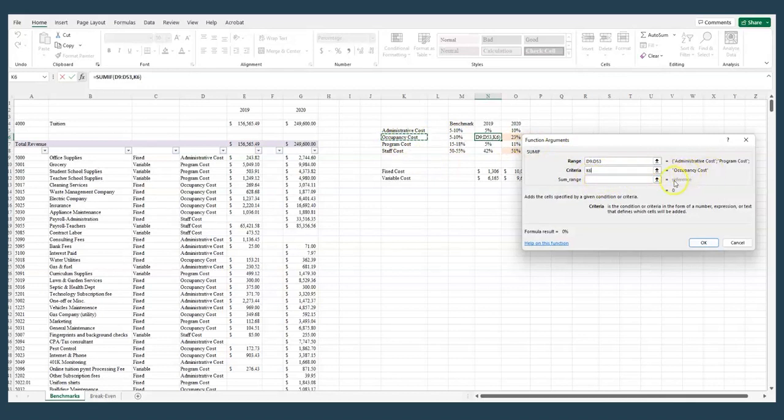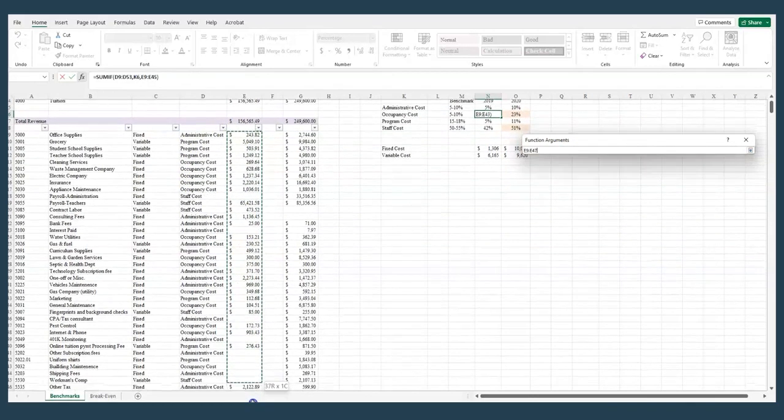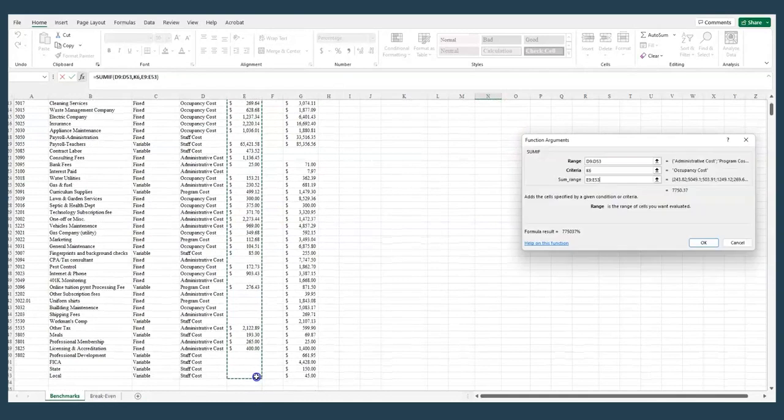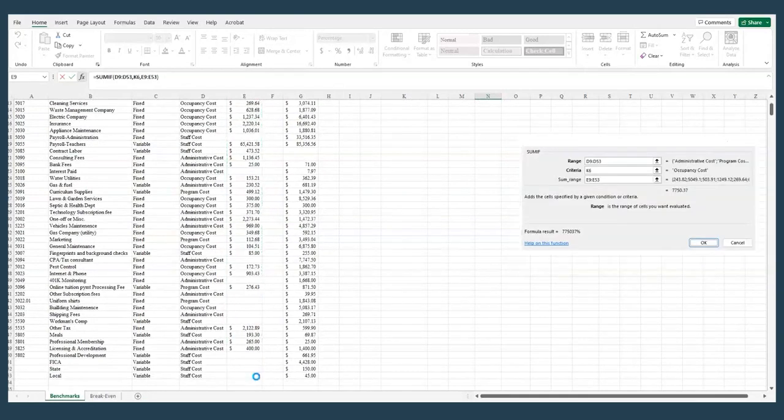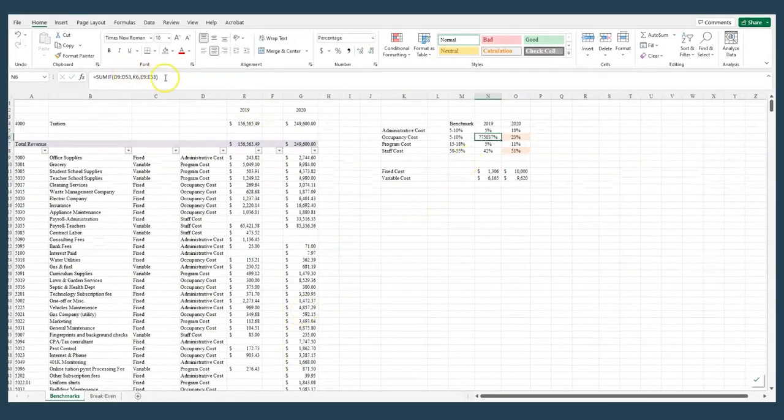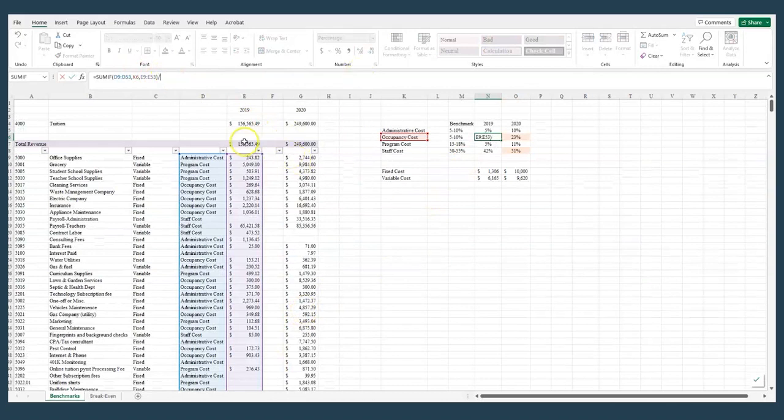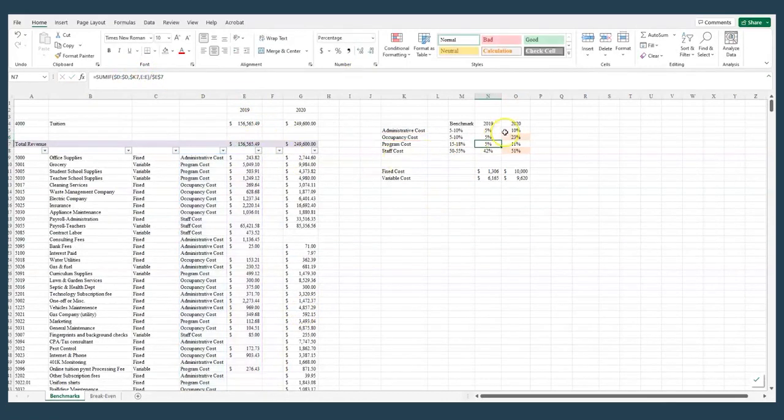And again, it has to be spelled correctly. If anything is misspelled on either one of these things, it's not going to catch them. Excel's not that smart. It's a perfect match. And then the sum range, again, will be the 2019, because we are just looking at 2019 right now. Great. And then we want to divide that by the total amount of revenue. And again, that's how we get to the 5%.